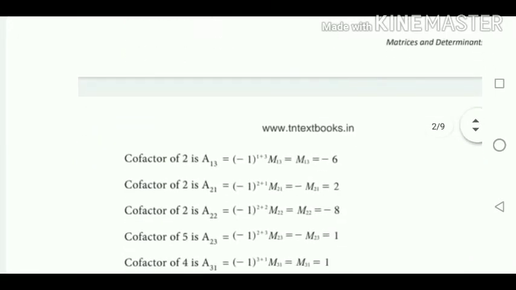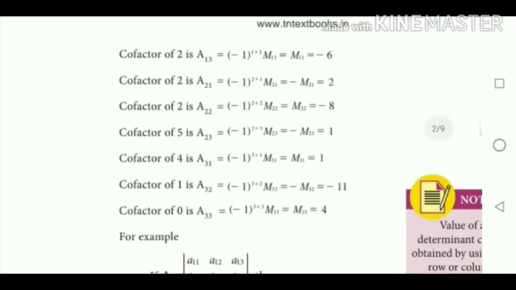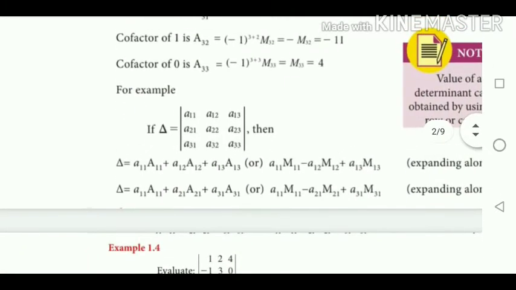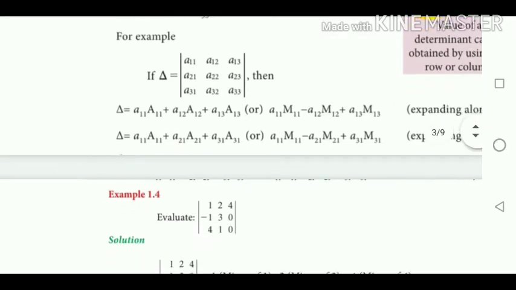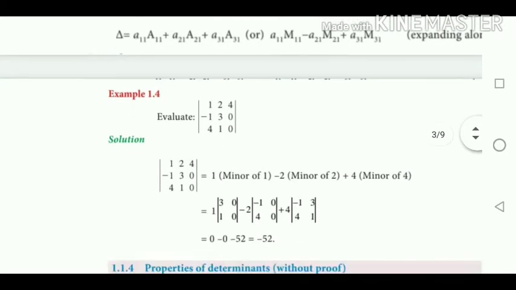Likewise, you have to find the cofactor for each and every element. After finding the cofactors, you write them in determinant form in order to find the values. This is the way you find the value of the minor as well as the cofactor. Why are we finding the minor and cofactor?